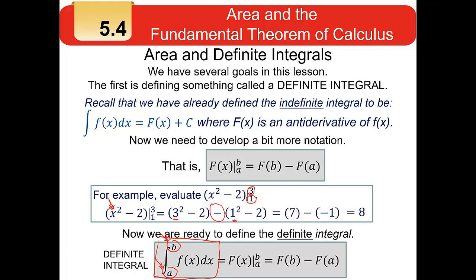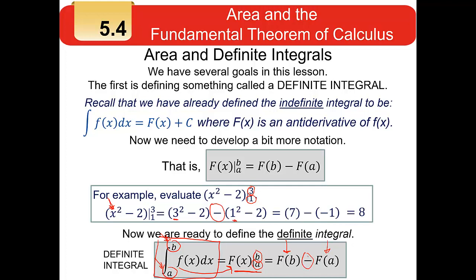And what it means is, you take the antiderivative of the function, just like we did with an indefinite integral, but instead of adding plus c, you evaluate it from the lower limit a to the upper limit b, which we just learned means taking the top number, plugging it into the function, then taking the bottom number, plugging it into the function, and subtracting the results.